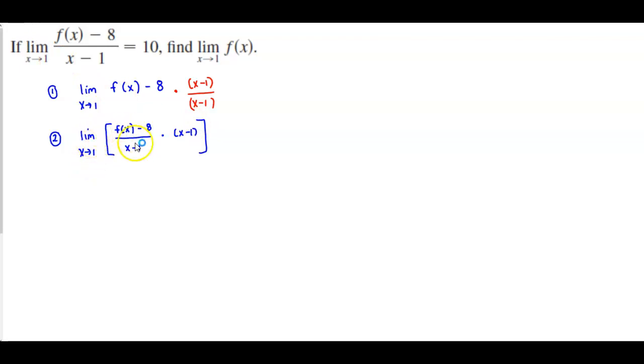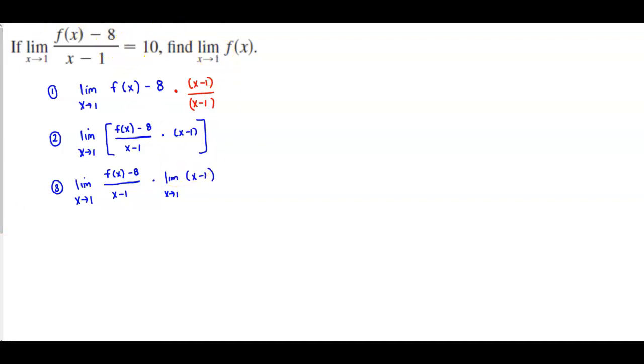And so now let's apply the limit rule, where we're going to use the limit for the first one and the second one. So that means that we get the limit as x approaches 1 of (f of x minus 8) over (x minus 1) times the limit as x approaches 1 of x minus 1.